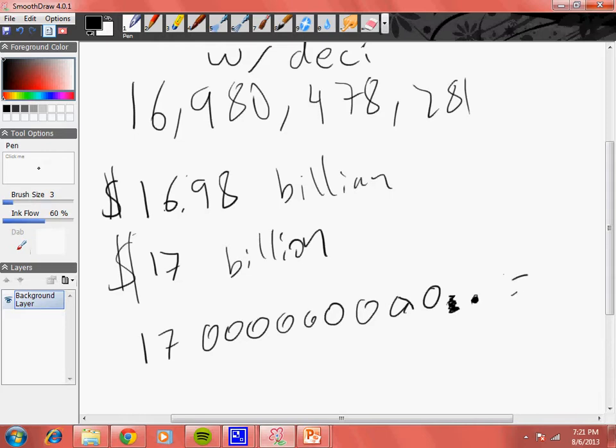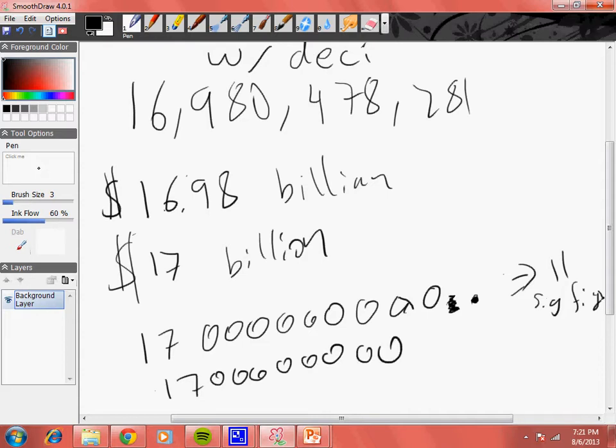Alrighty. Now the question becomes, what happens if I attach another 0 right here? This right here is 11 sig figs. Let's say we have the exact same number, and I put another 0 right there. Well, that would be 12 significant figures.